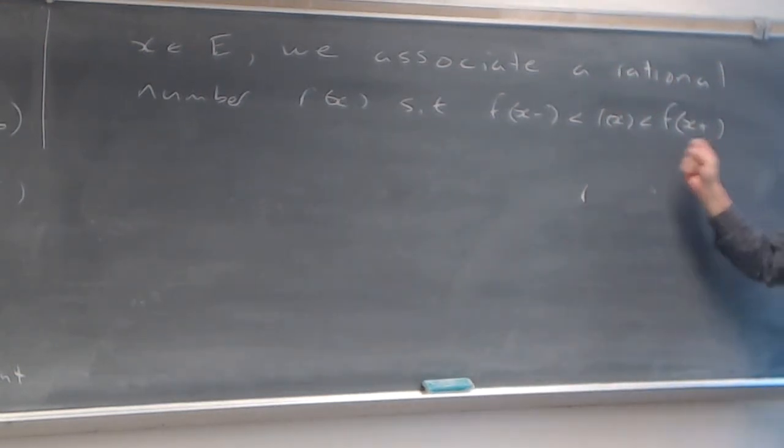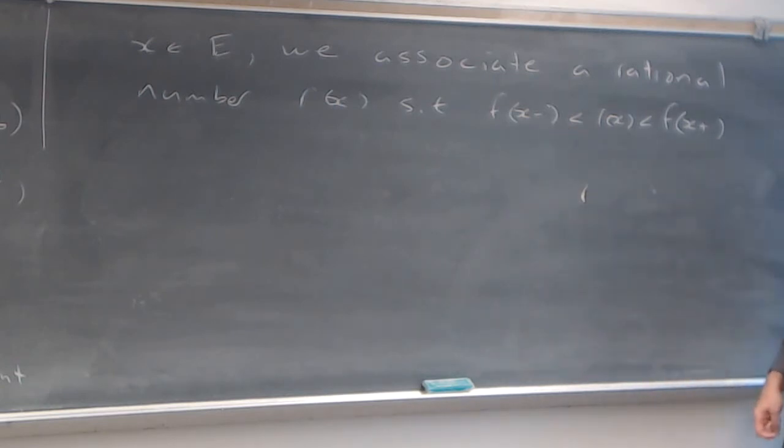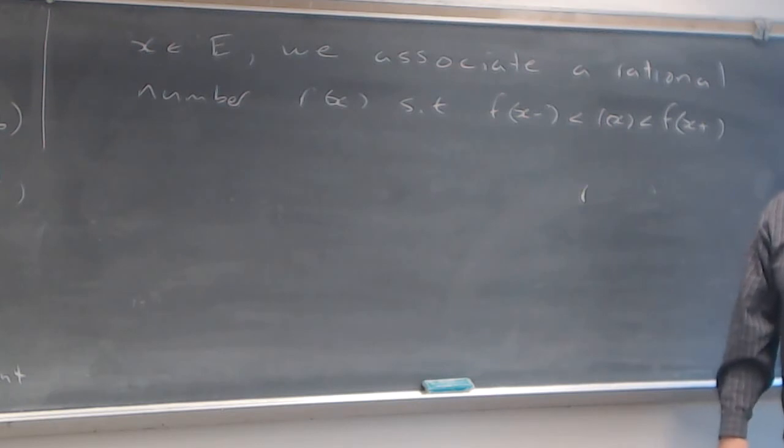Look, f of x plus is bigger than f of x minus, and we're thinking of these as real numbers. We're thinking that f grabs a to b and sends it into real numbers, hypothetical numbers.